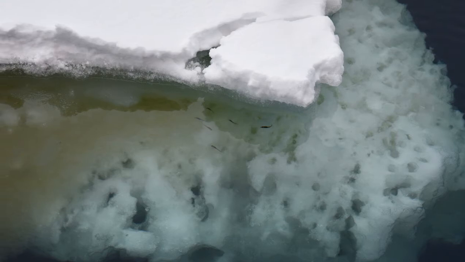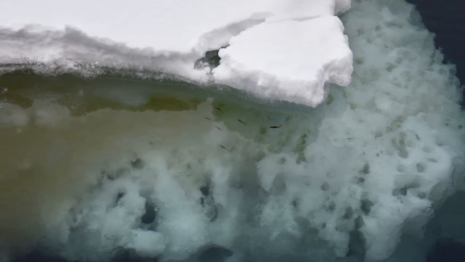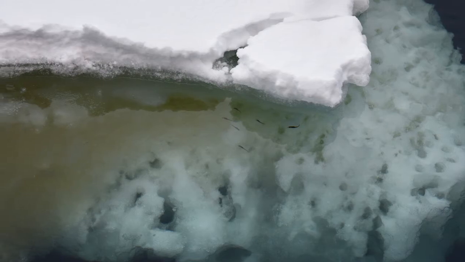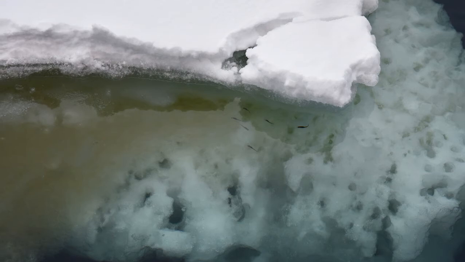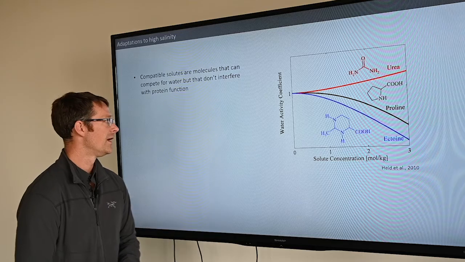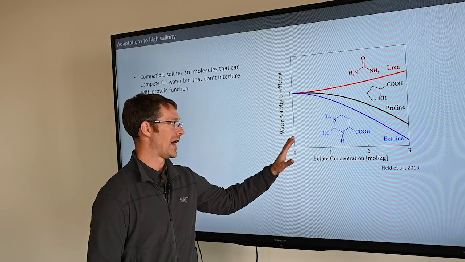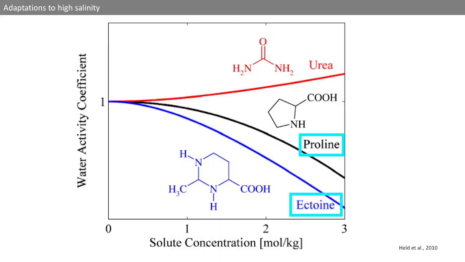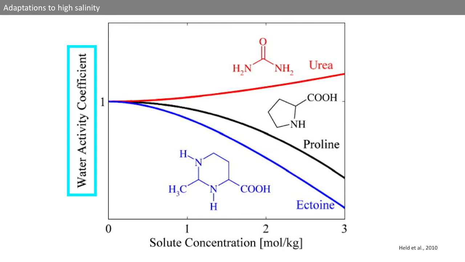So they're competing against the salts, the ions in the seawater, for those water molecules and helping biology hold on to those water molecules and not lose them to the external environment. This is an example of how this is playing out for some key compatible solutes, proline and ectoine. Water activity is the degree to which water is able to move across the membrane.